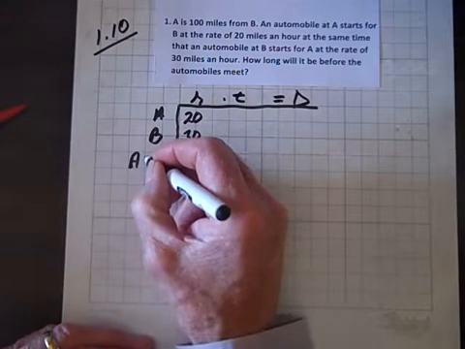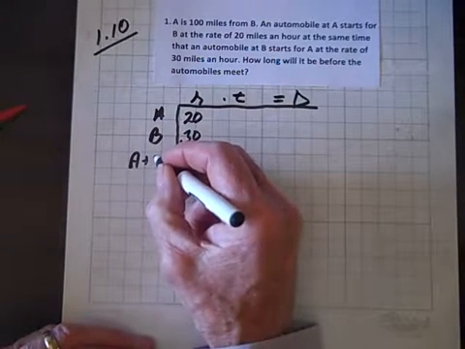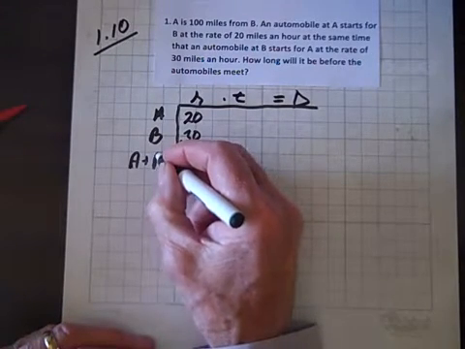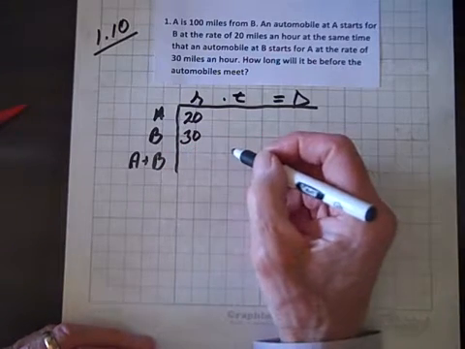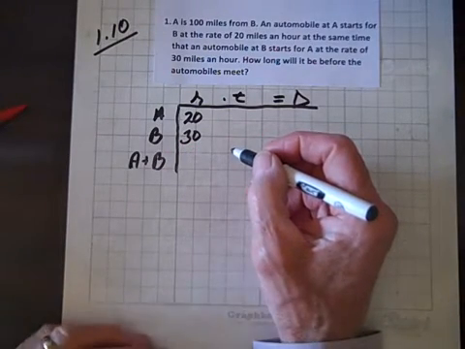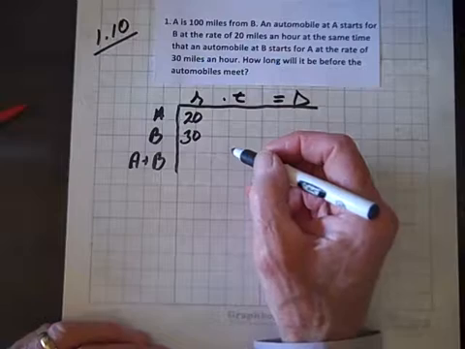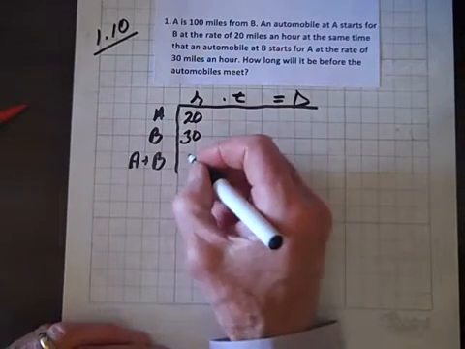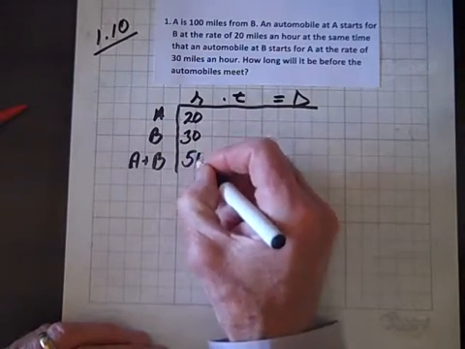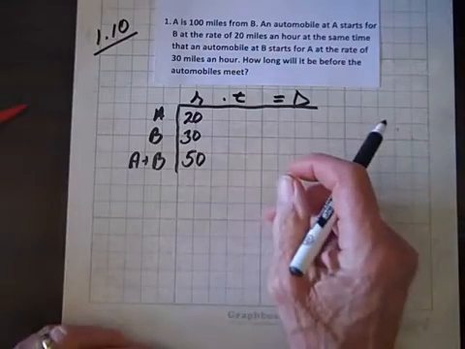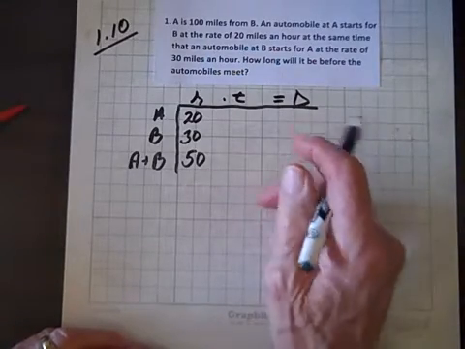Now, will you agree that the combined rate at which distance is being covered is going to be 50 miles an hour because these two vehicles are headed towards each other?